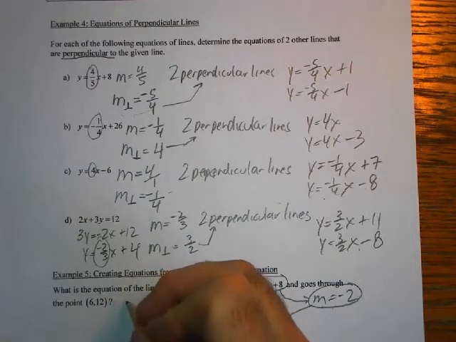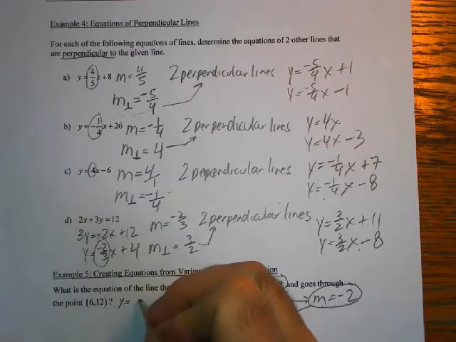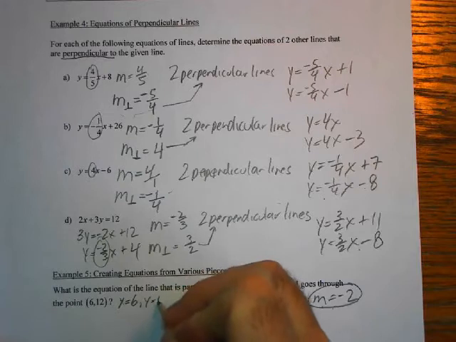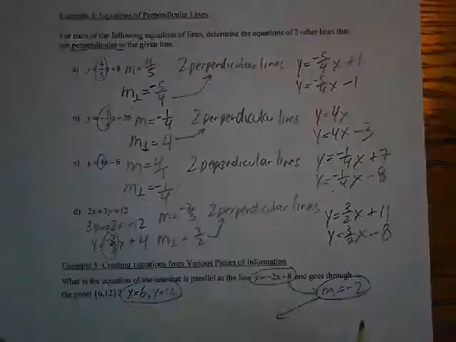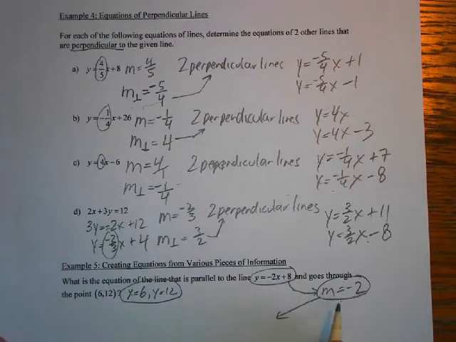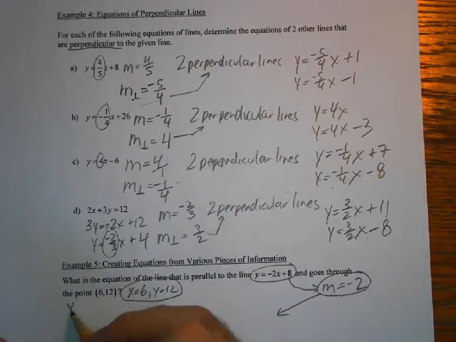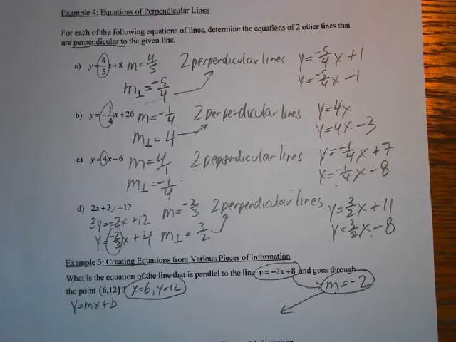What the point is telling us is that x equals 6, y equals 12 is a valid combination for this line. And we also know that m is equal to negative 2. So if I start with the generic equation of a line, y equals mx plus b, I'm going to plug in the m, the x, and the y, and figure out from that what the value of b is, and then use that for our line.